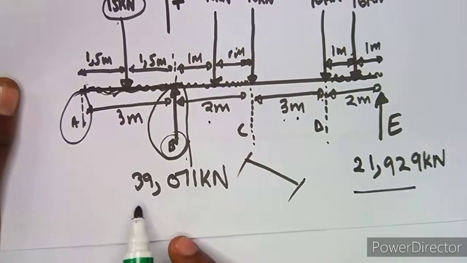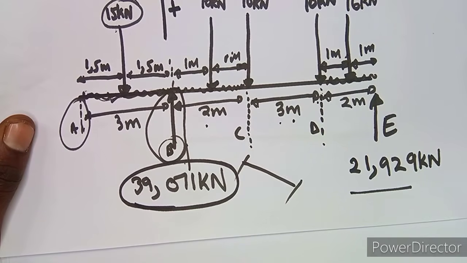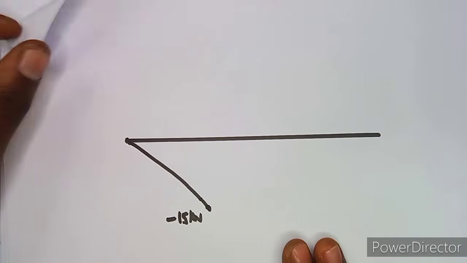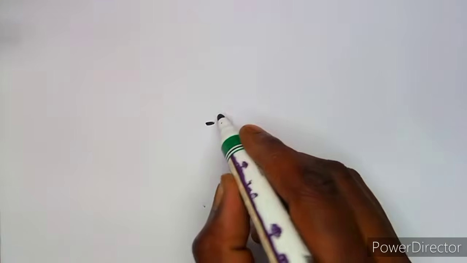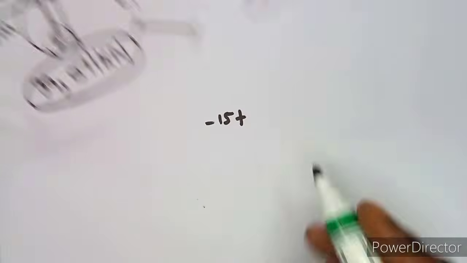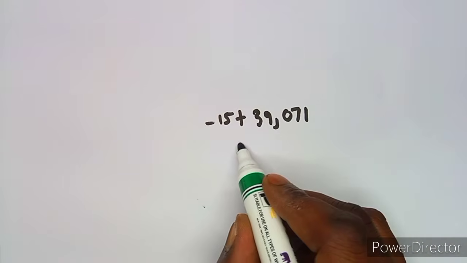So we are going to add this force of 39.071 to -15, because we are at -15. So you have -15 plus the force at B, the one that is going upwards, which is 39.071.